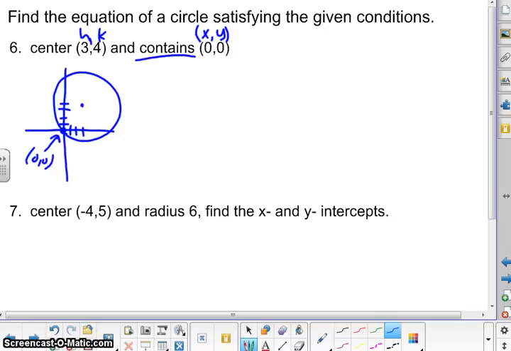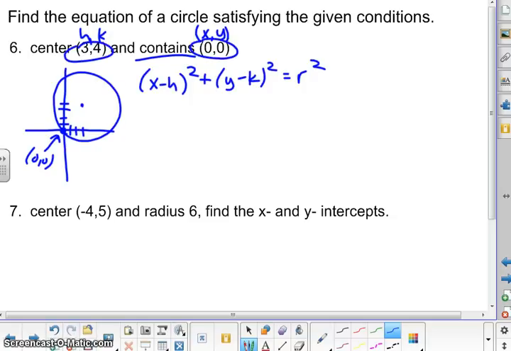So if we know that, and we know the formula, x minus h squared plus y minus k squared equals r squared, we'll be able to plug those bits of information into the equation. All right, so let's start. We've got 0 minus 3 squared, 0 minus 4 squared equals r squared.